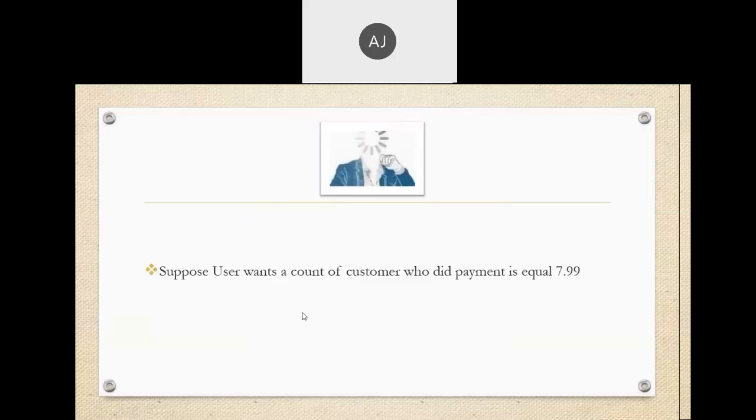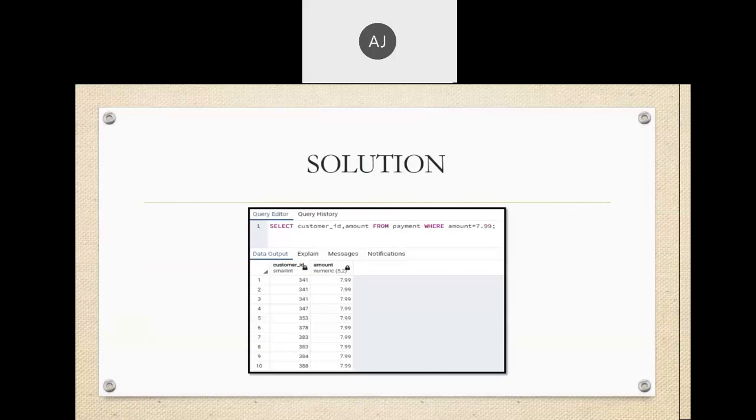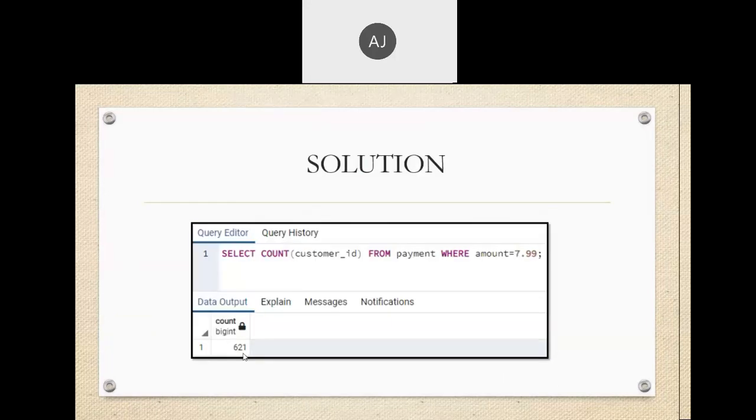Now, if the user wants to count the customers who did a payment, we just performed this. We used count and the same output of 621 came. So just pass customer ID, amount, or the asterisk symbol, whatever it may be, and we get the same output.